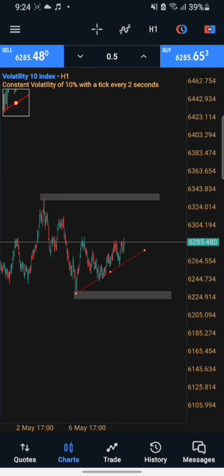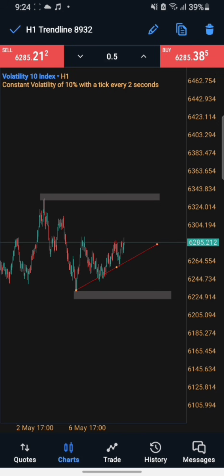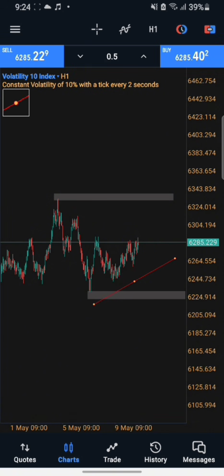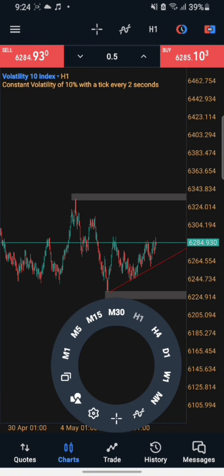The first thing that we do is mark the areas of support and resistance by those order blocks. And then we put a trend line that is marking the trailing support.